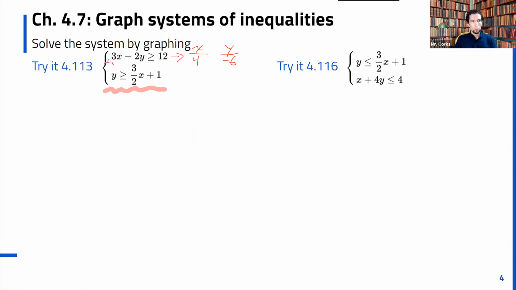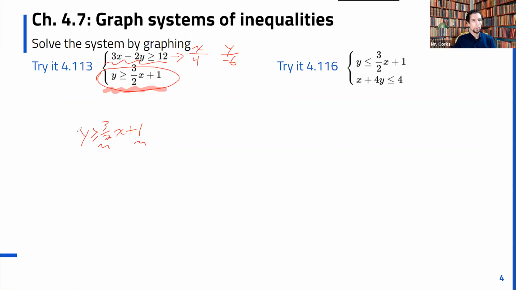So if we're going to graph things, the two simplest ways of doing things, if we have our slope intercept form like this, so y greater than or equal to 3 over 2 x plus 1, there's the slope, and there's the y-intercept.